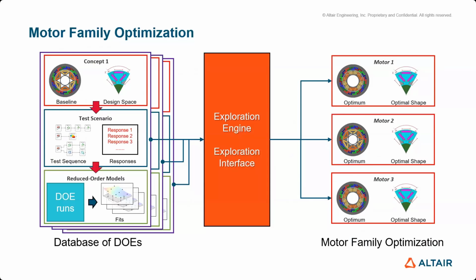And then for motor family optimization, here we are in a story where you don't optimize only one motor, but a family of motors. So you have 3 levels of power, and you want to reuse common stator parts or common magnets. Then you need to find the good compromise between the number of common parts and the efficiency of your solution.